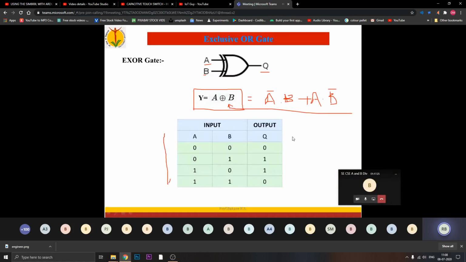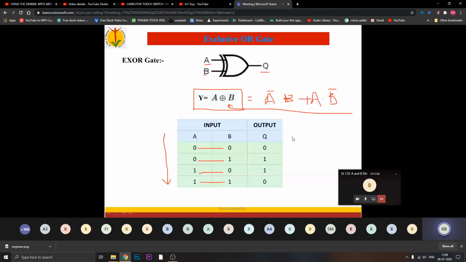Friends, again it has two inputs. For these two inputs, we will write the four possible combinations of the input, that is 0, 0, the first condition, 0, 1 the second condition, 1, 0 and 1, 1. Now look very carefully.